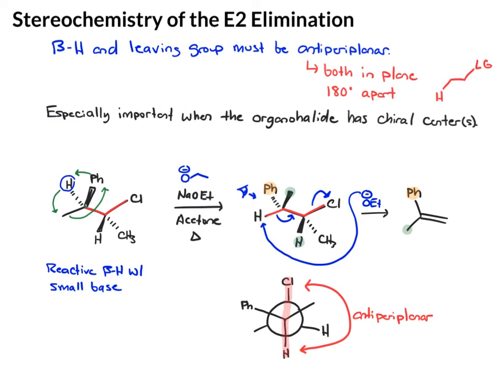So it should be on the same side as the methyl. There's my hydrogen. And then my methyl group is the dashed group, and it should be on the same side as the phenyl. If you do that, you're going to end up with the correct stereochemistry at the double bond.